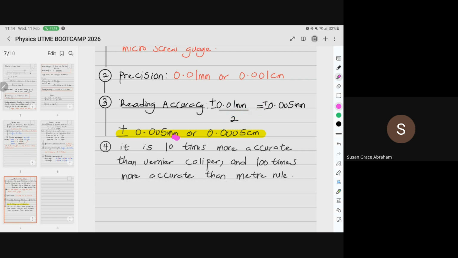But for you to convert it to centimeter, you divide by 10. You have to convert. Why I'm doing it this way is because I want to base it on millimeter, so you can always remember it's millimeter. First one, 1 millimeter. Second one, 0.1 millimeter. Third one, 0.01 millimeter divided by 2 will now give you the accuracy. Then you can convert to centimeter. Does that make sense?